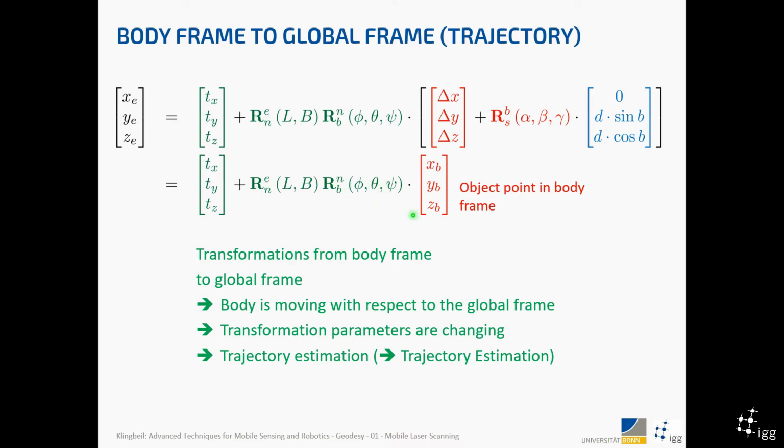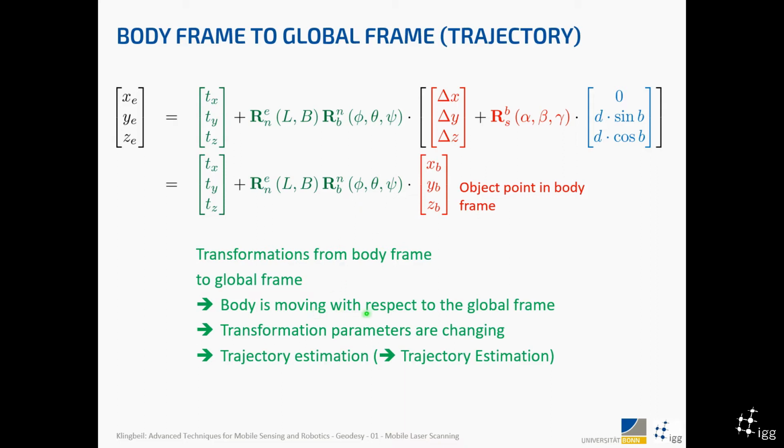And this in between is important because to do this we need to know the transformation between the body frame and the global frame, and this is basically the position and orientation of the vehicle. So the body is moving, and because it's moving, right, we need to determine these angles and these parameters all the time.